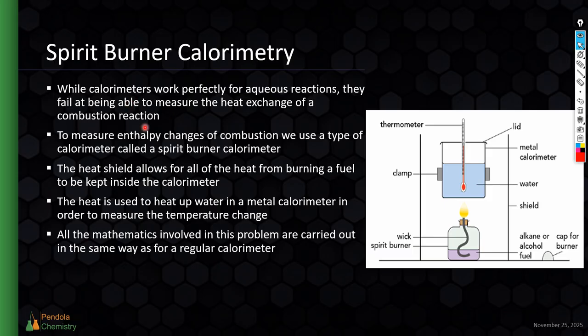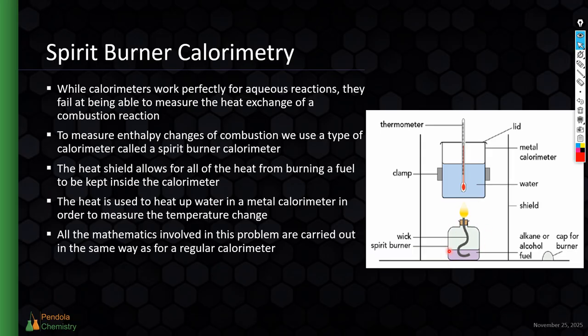So what we will do in that scenario is use a spirit burner calorimeter. Spirit burner calorimeters are used to measure essentially any combustion enthalpy change. So enthalpy changes of combustion are measured using this setup. The setup is actually pretty simple. We have a heat shield, usually some kind of cone or some kind of cylinder, which is made out of something that resists heat.